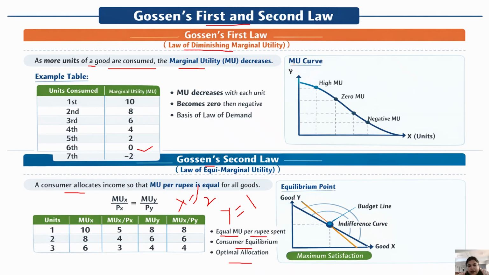Look at this diagram. This is good Y and this is good X, and where the budget line is tangent to the indifference curve, this is the equilibrium point where the marginal utility per rupee of good X and good Y are equal.